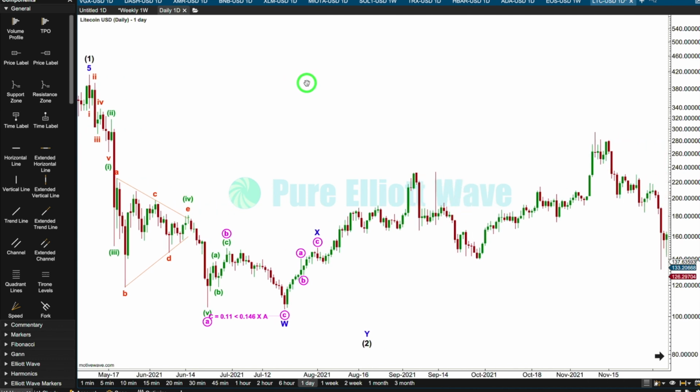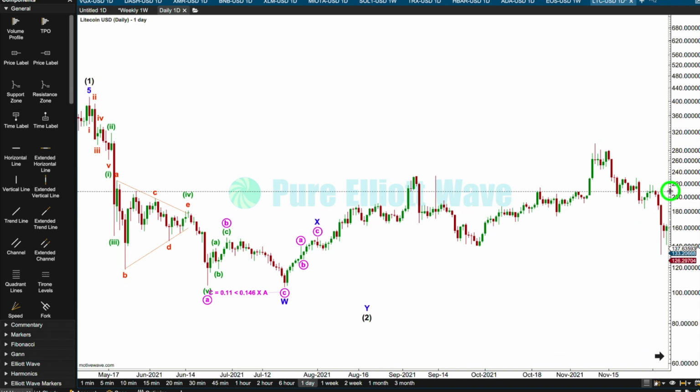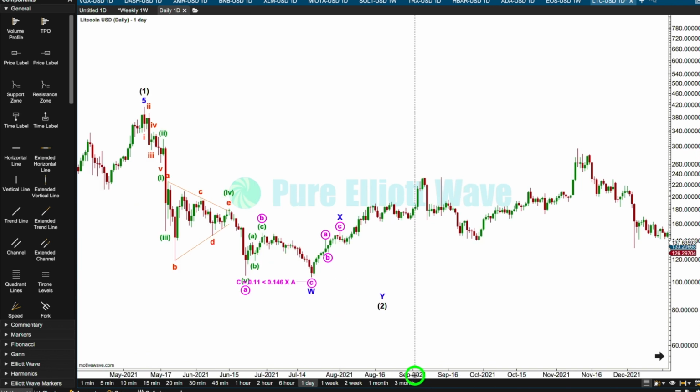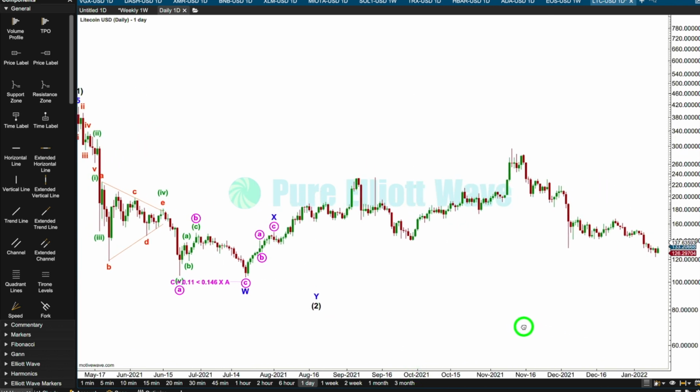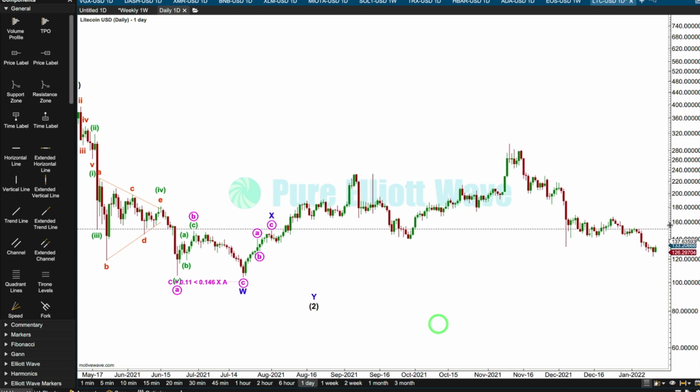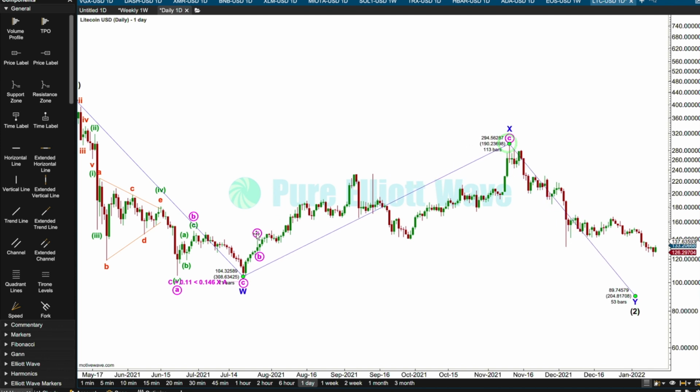Okay, so my last wave count for Litecoin expected more downward movement, and we've got sideways movement. I wonder if X is unfolding as, no, it's not a triangle. Could it be, well, I think first of all I have to label X over here, and it does look rather like a zigzag, doesn't it?